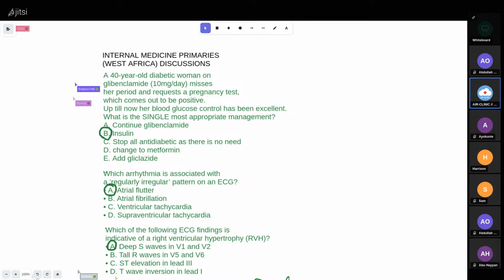So something like that anyway. So sawtooth appearance is classic for atrial flutter.